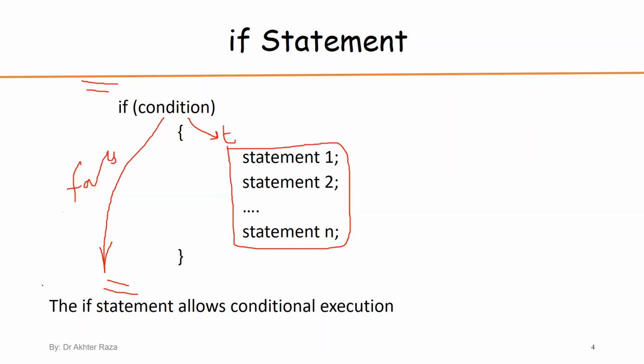If it is false, it jumps to line number 3 and 4. If the condition is true, it comes inside and all of the 1 to n statements will be executed. After the execution of these n statements, the last 2 lines will be executed and the program will be finished. So this is the structure of the simple if command.